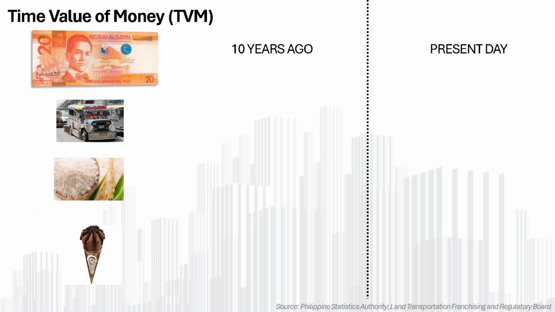Do you also happen to know the price of rice grains back then for a kilo, and how many of them you can buy with 20 pesos? Then, of course, finally, do you know how much the Cornetto ice cream is right now? The Selecta Cornetto ice cream. By the way, this is not sponsored by Cornetto Selecta.